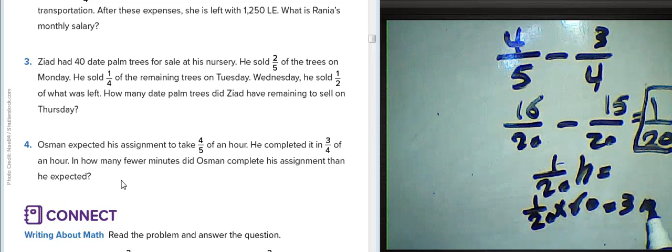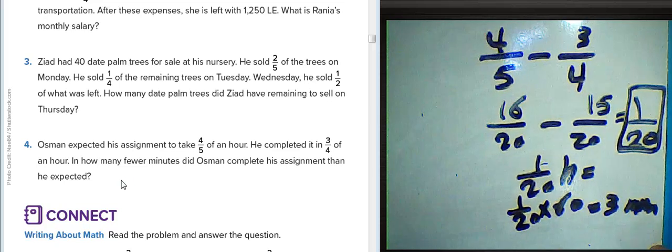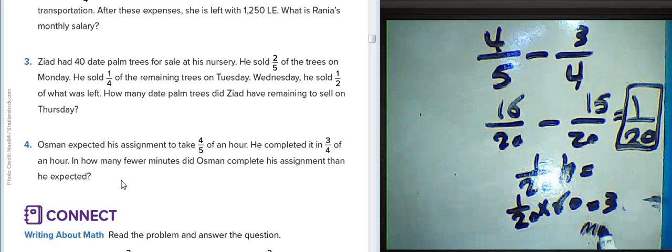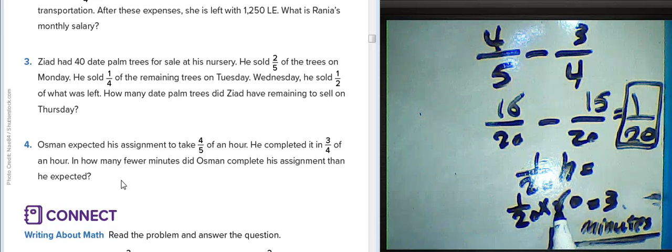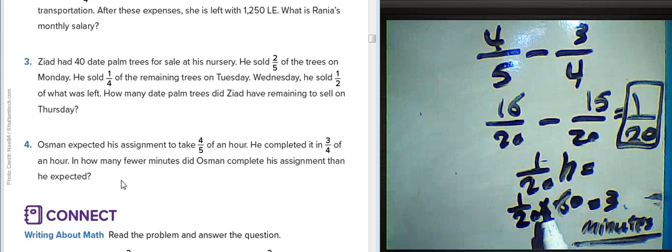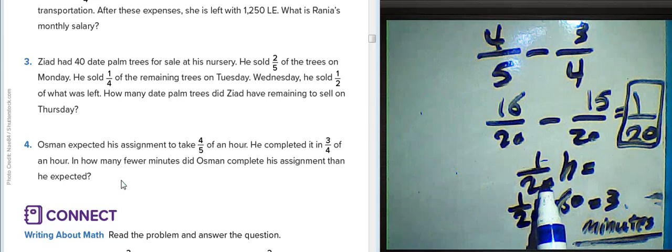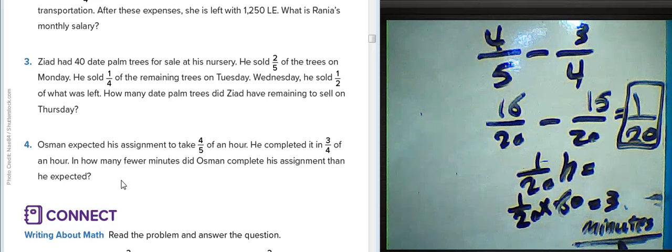The result will be 3 minutes, because we know 1 hour equals 60 minutes. So 3 minutes is the answer to how many fewer minutes Osman completed his assignment than expected.